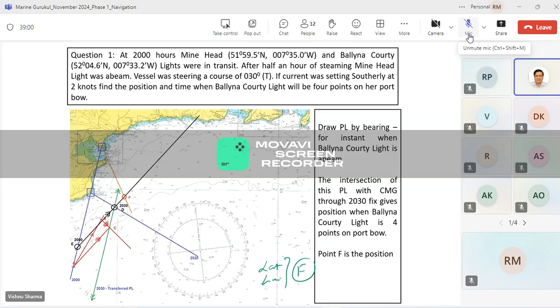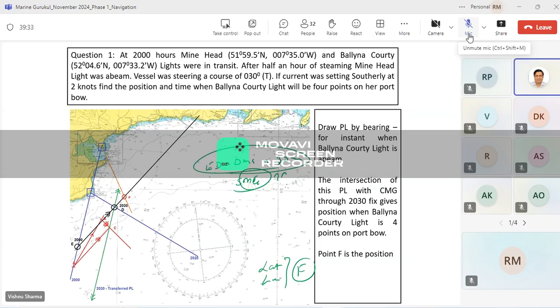Guys, based on our learning yesterday, how can I get the time when we'll reach point F? How do I find the time when I'll reach? We have distance and speed made good. We can divide by the speed. Very good. ED or AC is the distance made good in 30 minutes. When I double it, I'll get the speed made good.